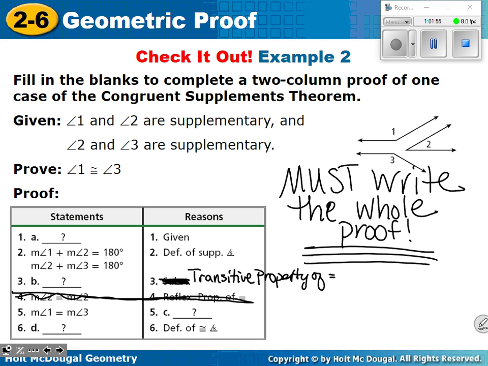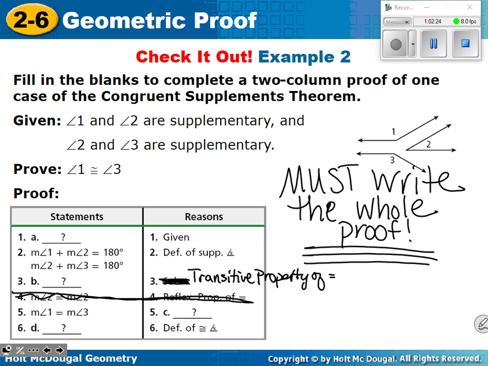Good. All right, this next one we are going to use all of the time, over and over and over again. Number 6. What does it say the reason is for number 6? Definition of congruent angles. You can just say definition of congruent if you want, but it's fine to include the angles since we're talking about angles. But we will use definition of congruence all the time.